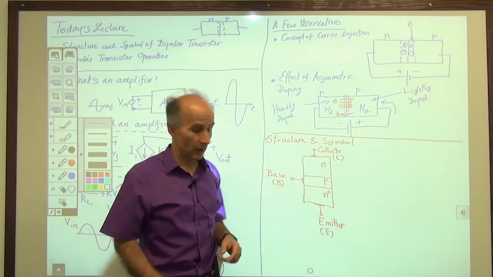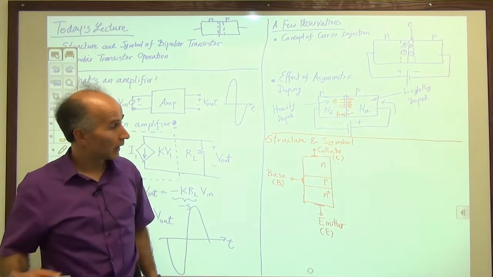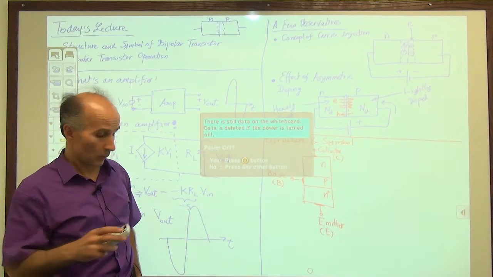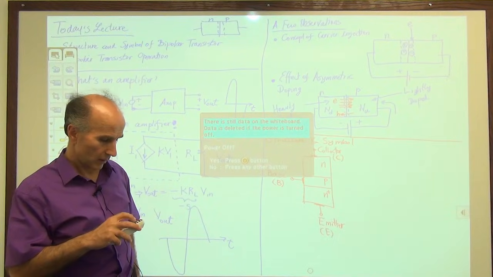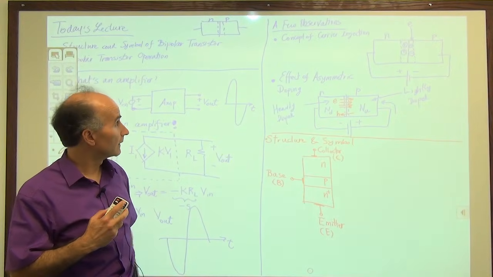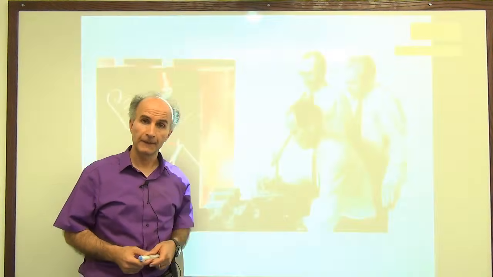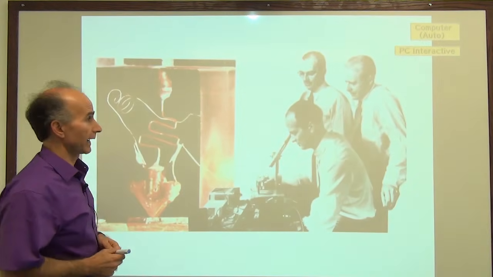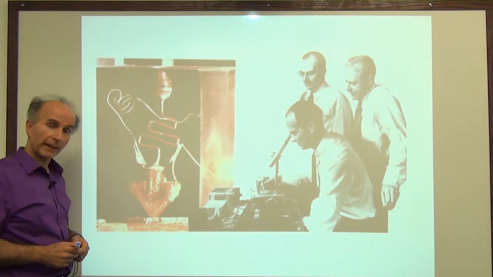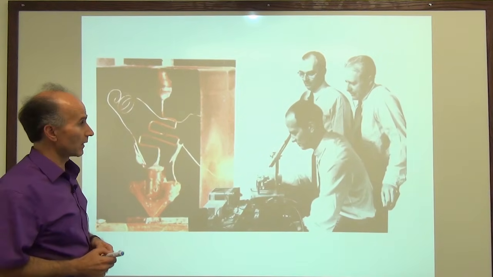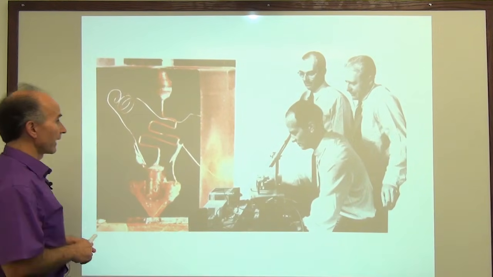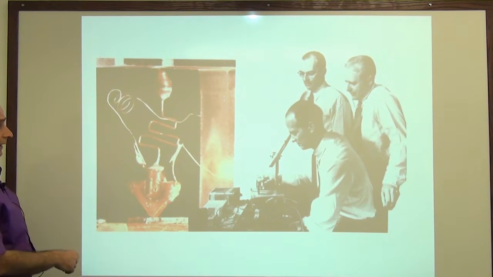All right, so just a historical note, the bipolar transistor was invented by William Shockley and two colleagues at Bell Laboratories back in the 1940s. So here are their pictures, and here's what the device looks like.